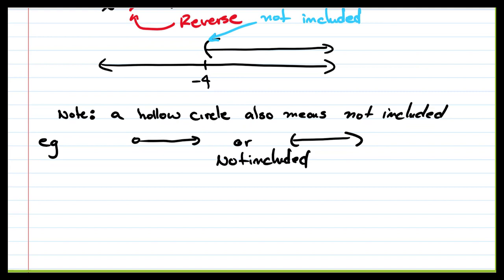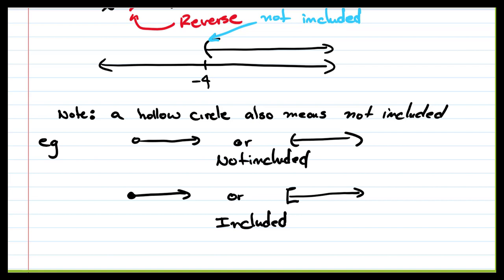And if we had a filled in circle and an arrow, or a square bracket and an arrow, both of these mean included. So these are the same notations that we used with interval notation. We also have an alternate notation where we have the filled in circles and the hollow circles.